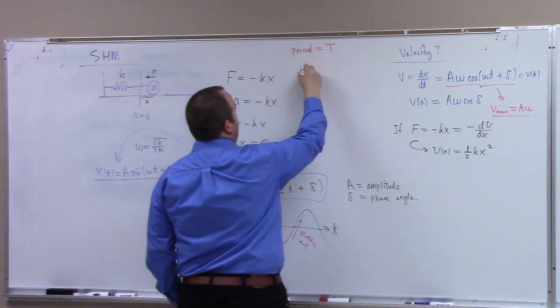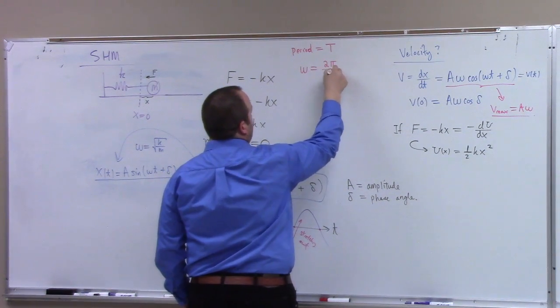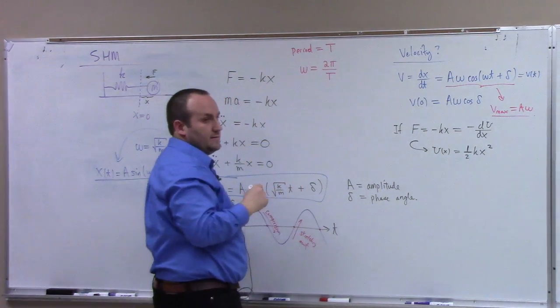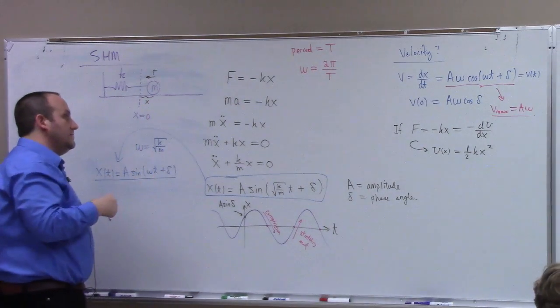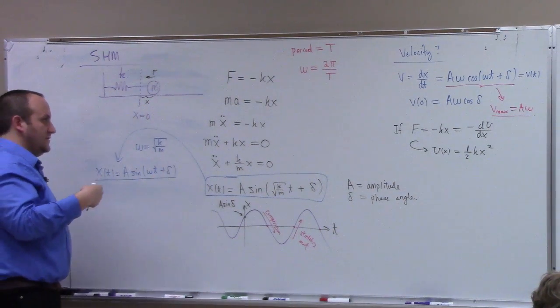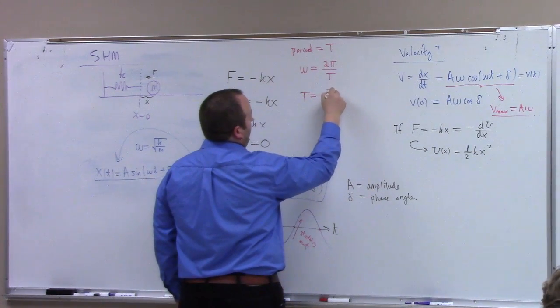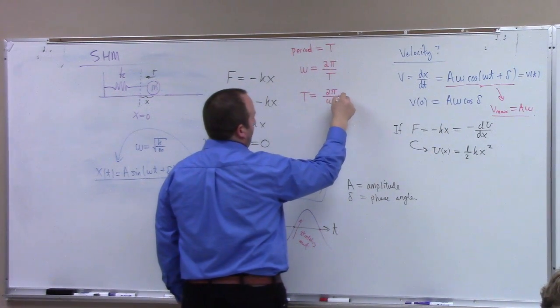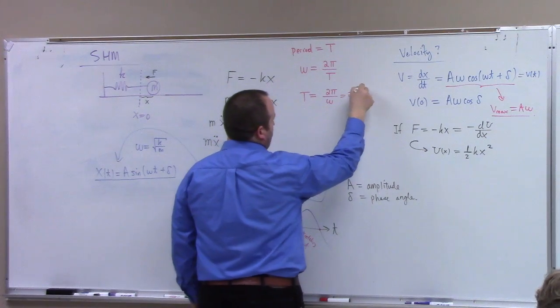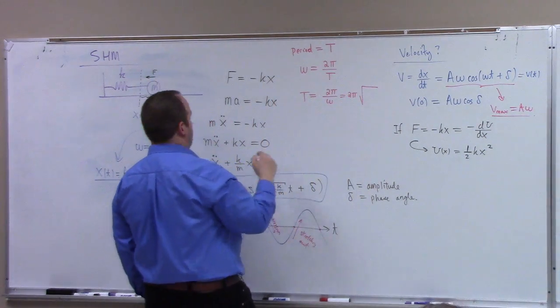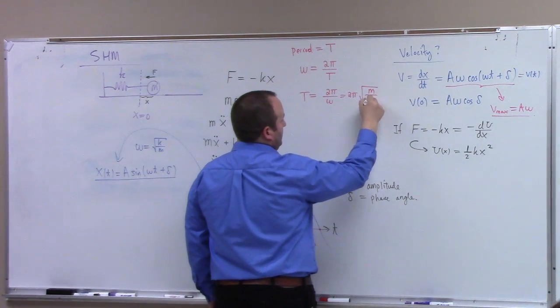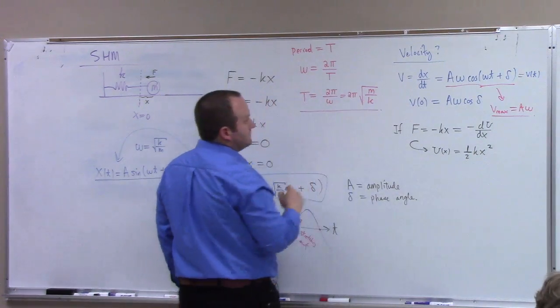And omega is equal to 2 pi over T. So you can solve for that. T would be what? 2 pi over omega, which is what? 2 pi square root of m over k. So there's the period right there.